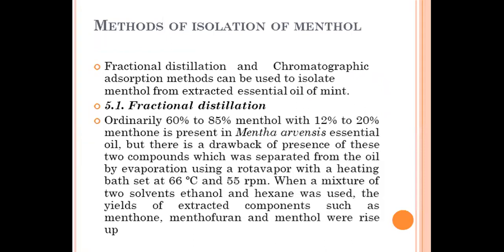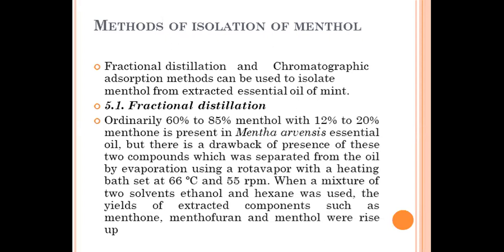So they are a little different when you isolate by fractional distillation, because it contains some compounds which cannot be separated that easily. In fractional distillation, when we start separating the samples at different temperatures using the rotary operators, we find a little difficulty isolating the compound.